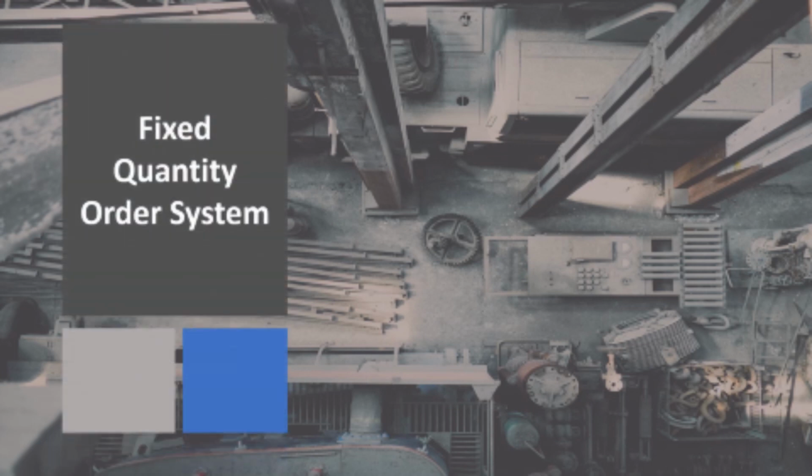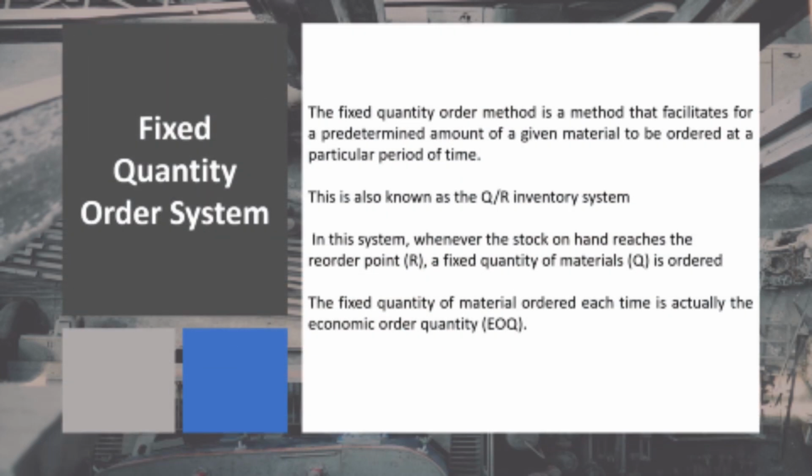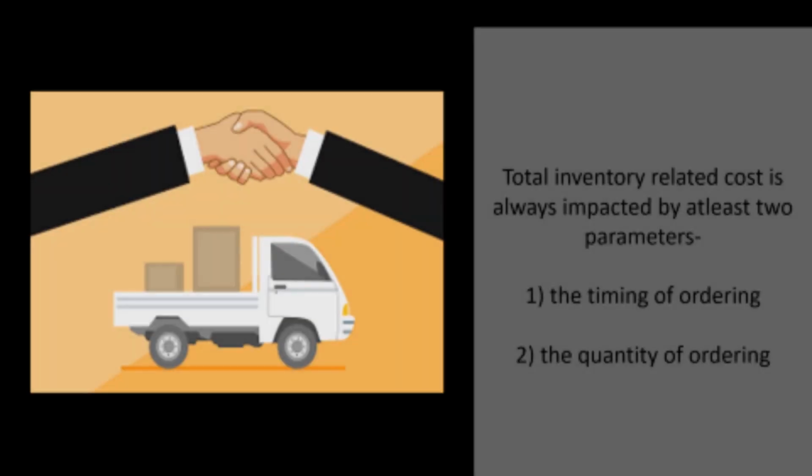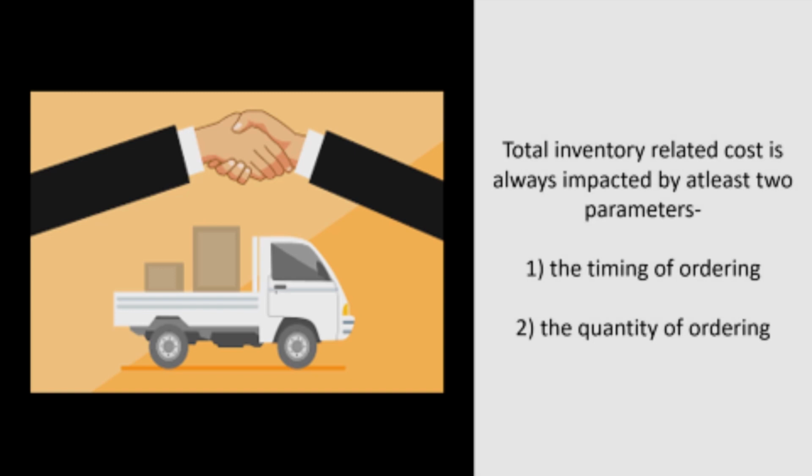What is the fixed quantity order system? Before understanding the fixed quantity order and other types of systems, we should know that the total inventory related cost is always impacted by at least two parameters. One is the timing of ordering and the second is the quantity of ordering.